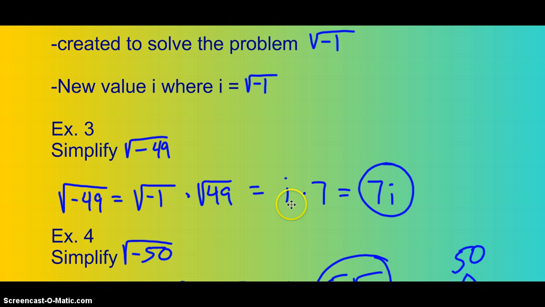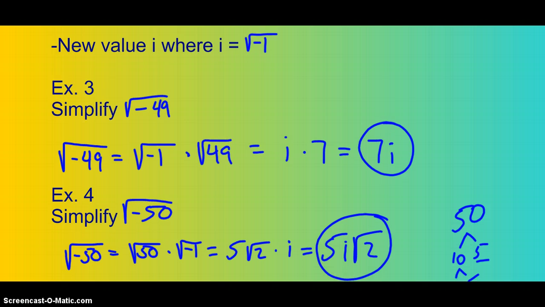So therefore we have i times 7. Our final answer, we always write the number in front of the letter, would be 7i. That's what this i value simply represents. It's a very simple idea that i is the square root of -1. That's what it represents.